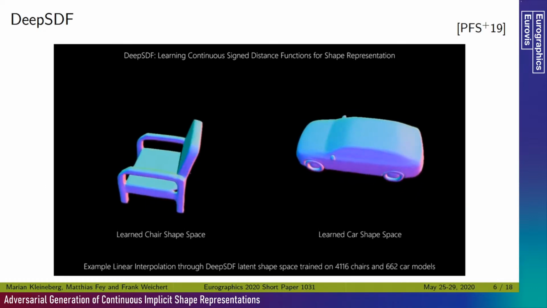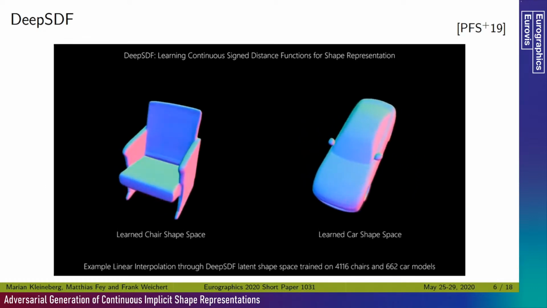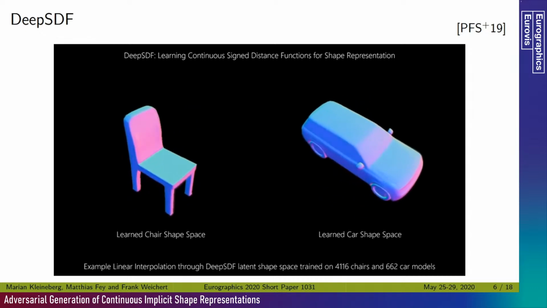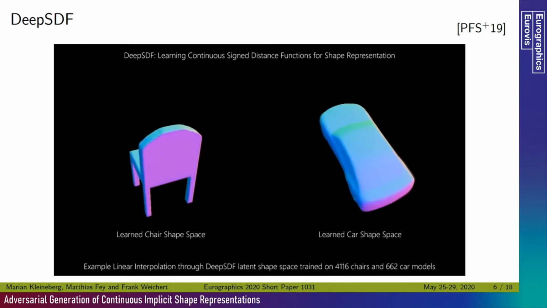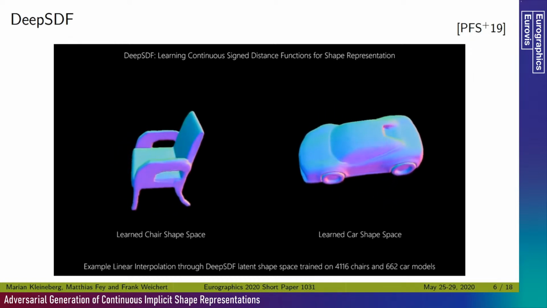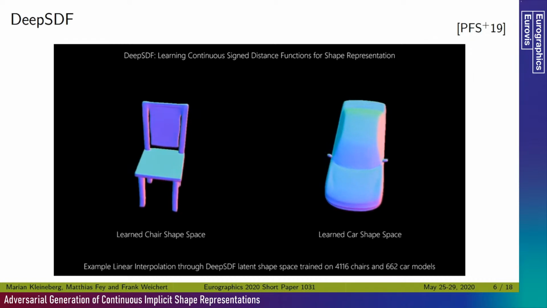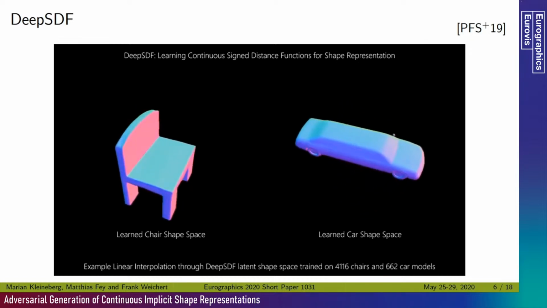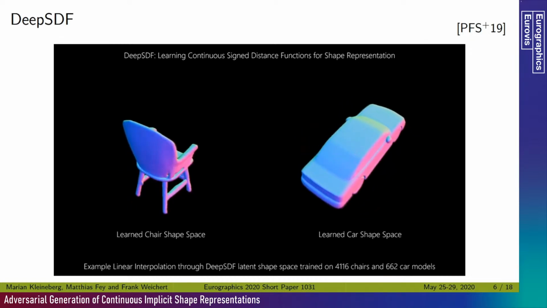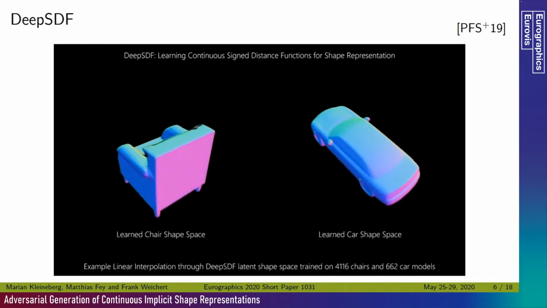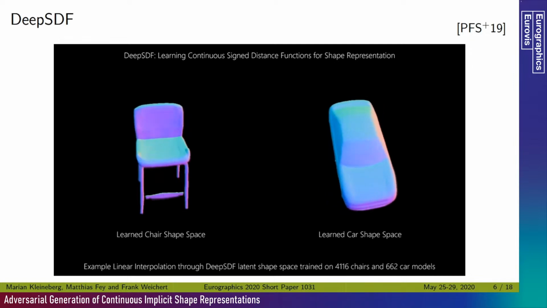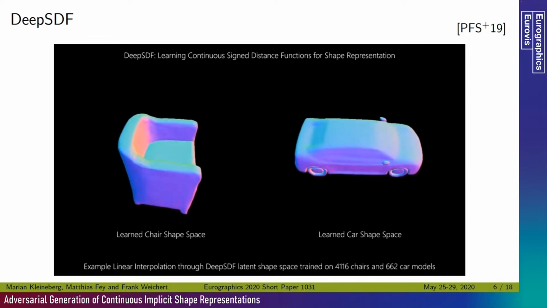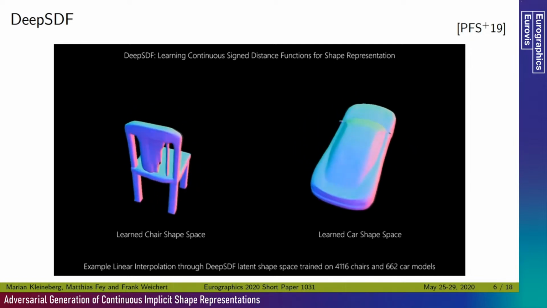To learn a set of multiple shapes, the authors of the DeepSDF network propose what they call the autodecoder. It works similarly to an autoencoder, however it doesn't contain an encoder. Instead it's only the DeepSDF network, which is the decoder, and before training they assign a random latent code to each shape in the dataset, and then during training both the latent code and the network itself are improved using stochastic gradient descent.